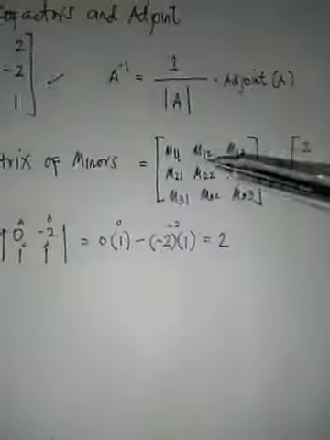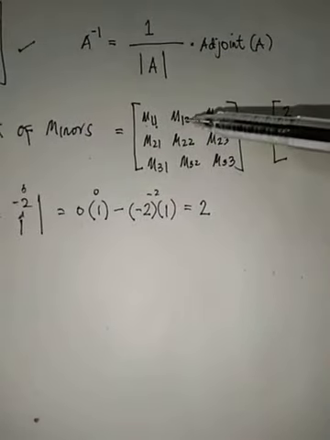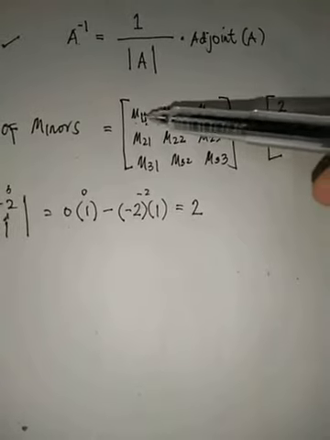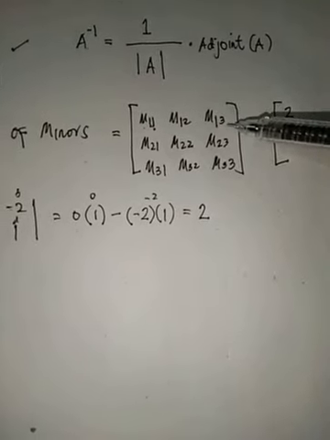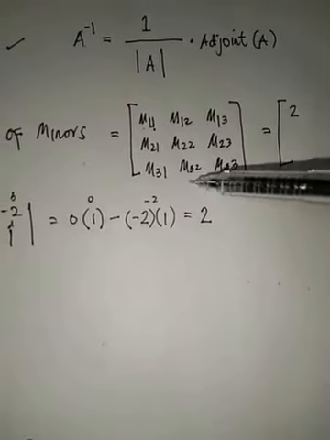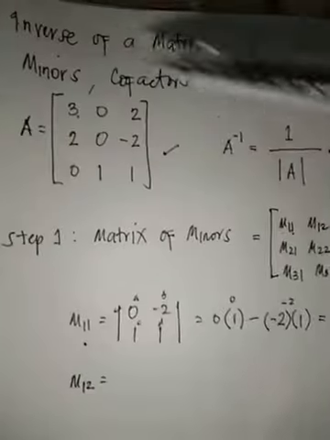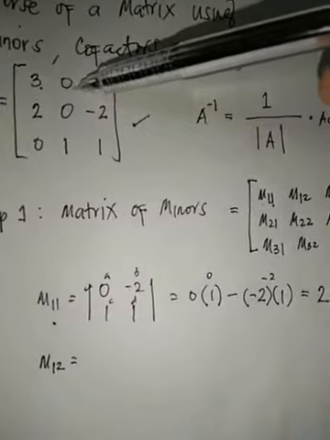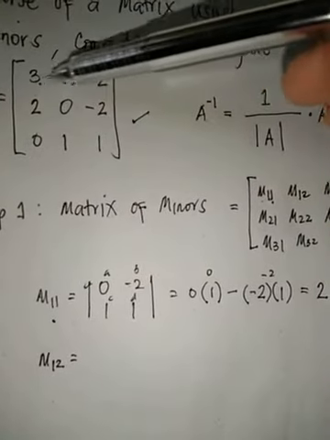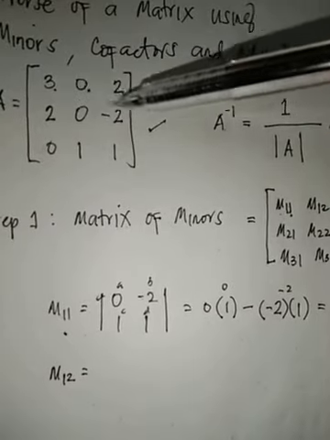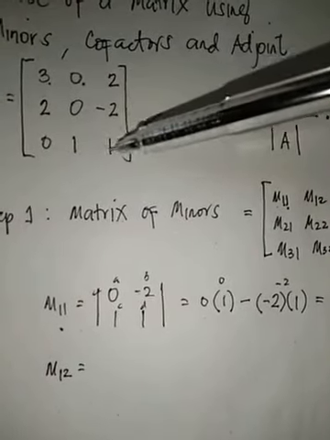So, sa M12, yung first row niya i-disregard niyo, yung second column niya i-disregard niyo. So, dito sa ating example, ang M12 nandito, di ba? I-disregard niyo ito, disregard niyo ito. So, ang naiwan is 2, negative 2, 0, 1.